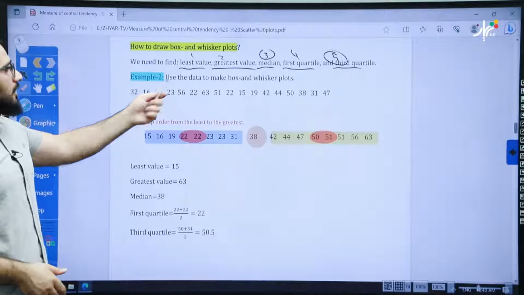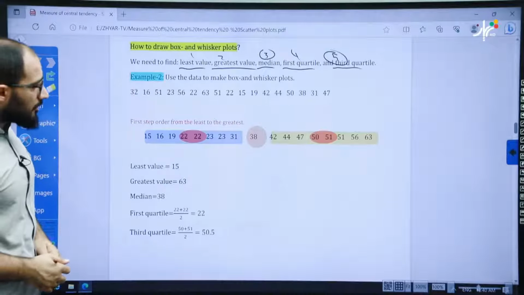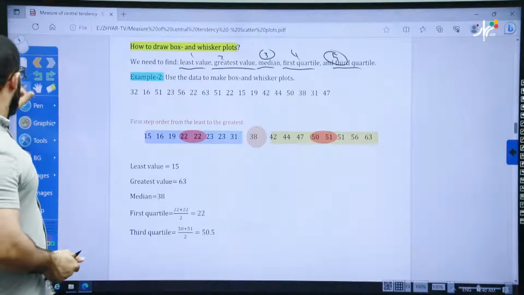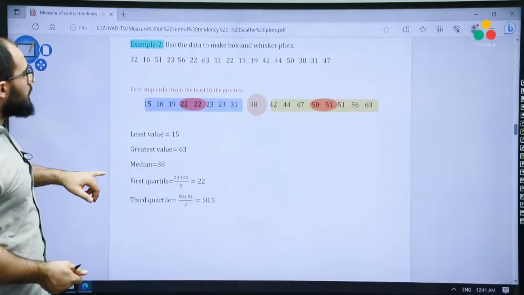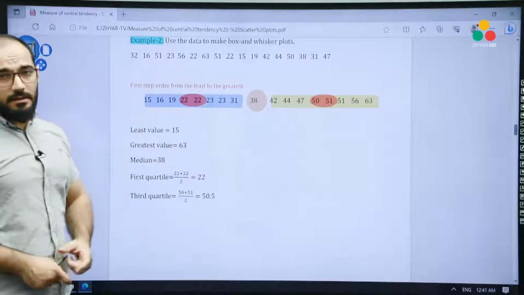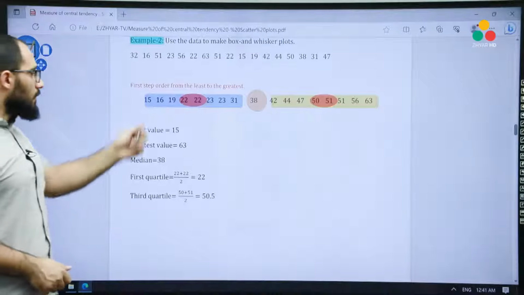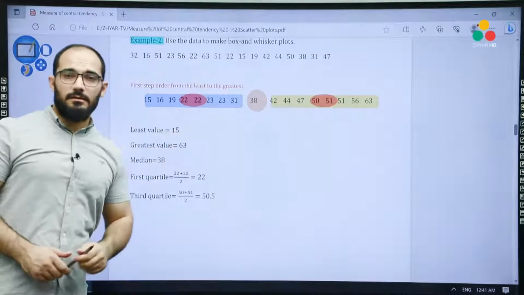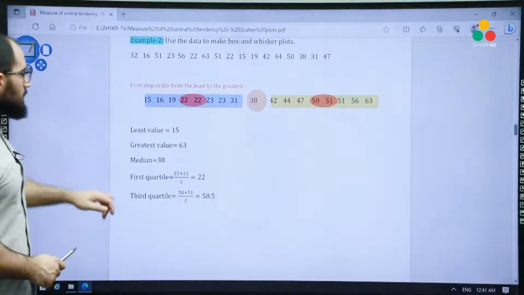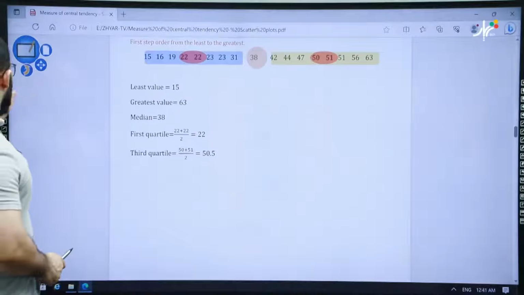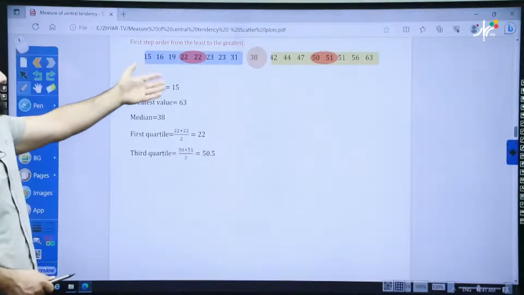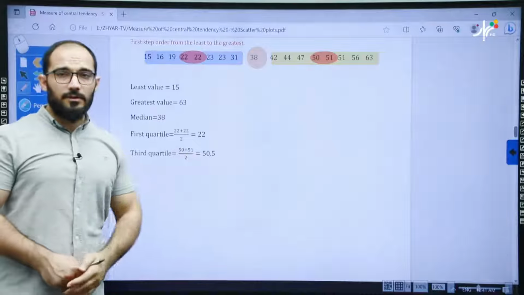First, it says use the data to make a box and whisker plot. The data are this set of data. We are going to order them from least to greatest: 15, 16, 19, 22, 22, and so on.